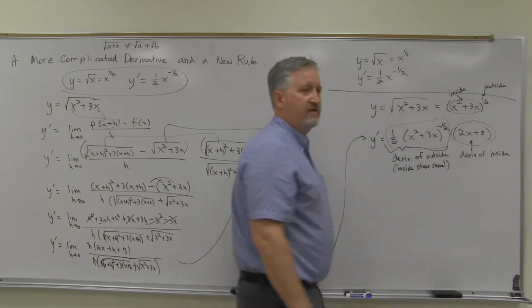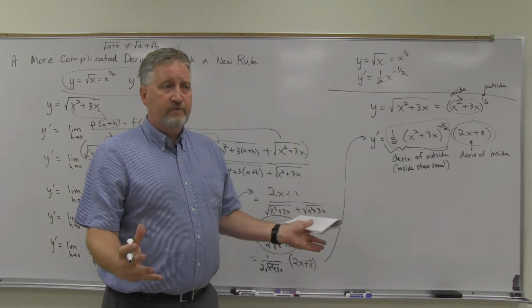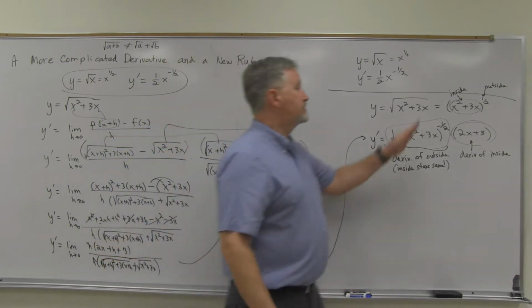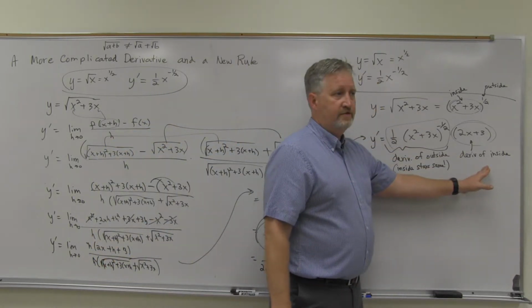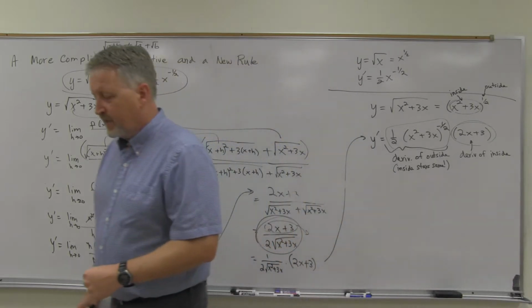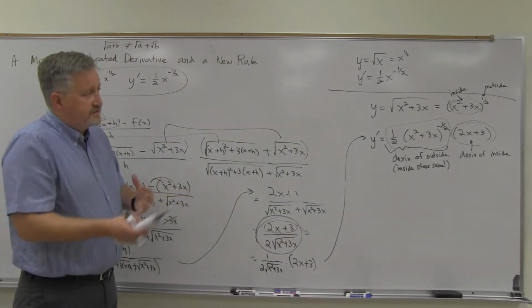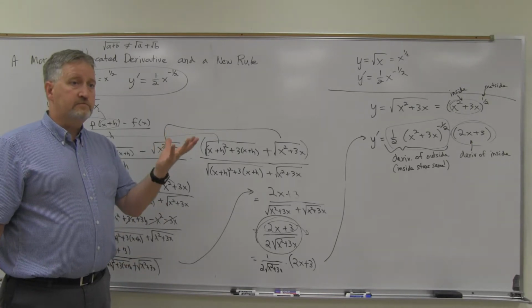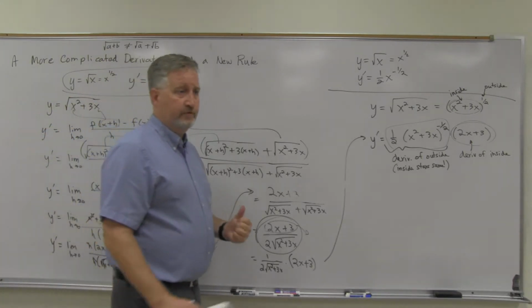When I'm doing that derivative of the outside, I keep the inside part the same. I do separately then a derivative of the inside. Okay? This is more or less what we call the chain rule. This is an example of the chain rule.